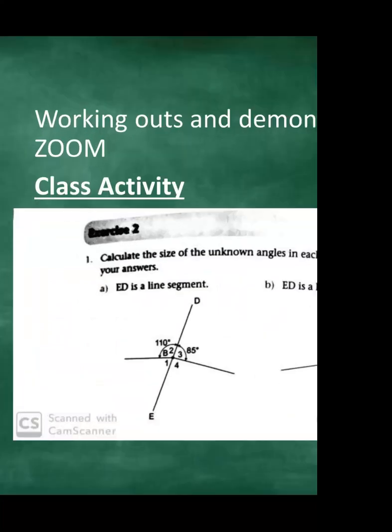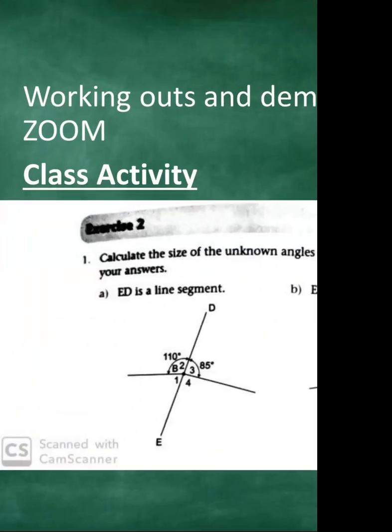Okay, guys. So let me explain this again. Do you see this number A, right? So number A, they say ED is a line segment. So what is a line segment? It is from D to E, and from D to E equals 180 degrees. And above D and E, it must be 180 degrees, and below DE must be 180 degrees.